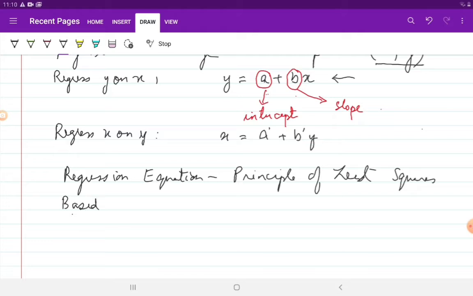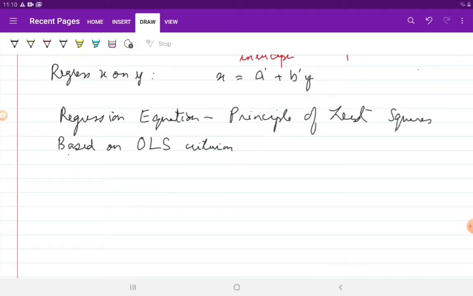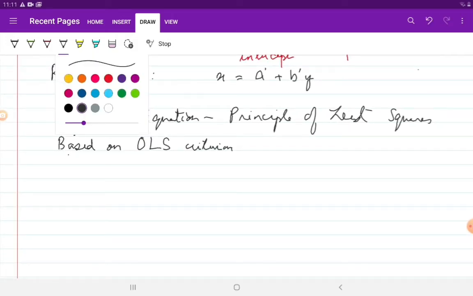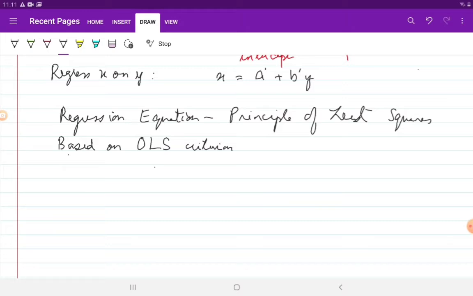So we estimate these regression equations, or regression functions, based on the principle of least squares. It is also called the ordinary least squares method or criteria, which, like I said earlier, is based on the fact that you are trying to minimize the sum of error terms squared.